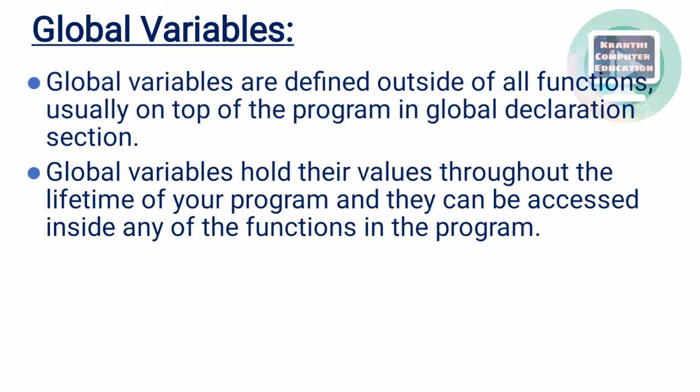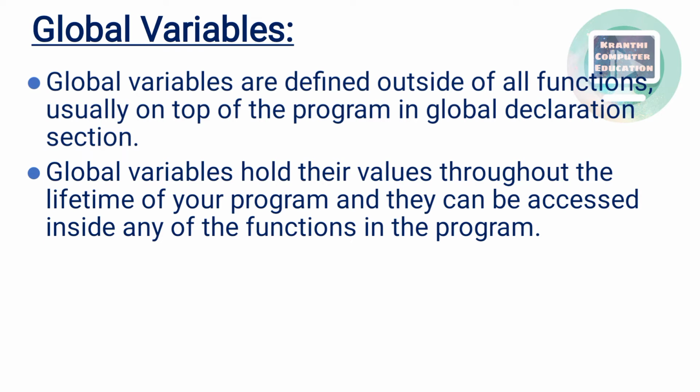Global variables hold their values throughout the lifetime of your program, and they can be accessed inside any of the functions in the program. Once you create a global variable, its value is available and its lifetime is the entire program.